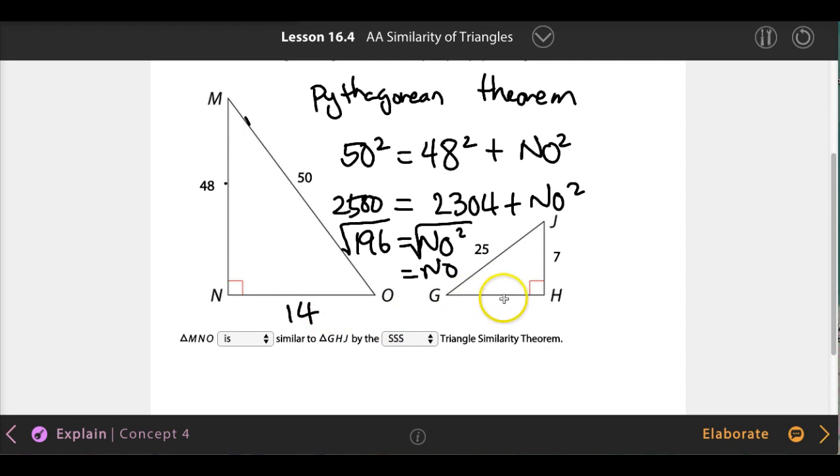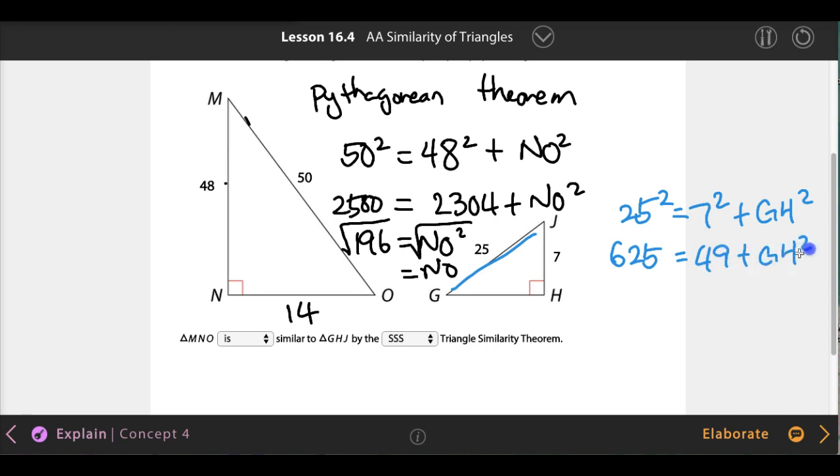Okay, now you have to find how long GH is, and you can use the same thing, the Pythagorean theorem. So for this one, 25 squared is equal to 7 squared plus GH squared, right? So 25 times 25, I know this one is 625, equals 49 plus GH squared. So let's subtract 49.